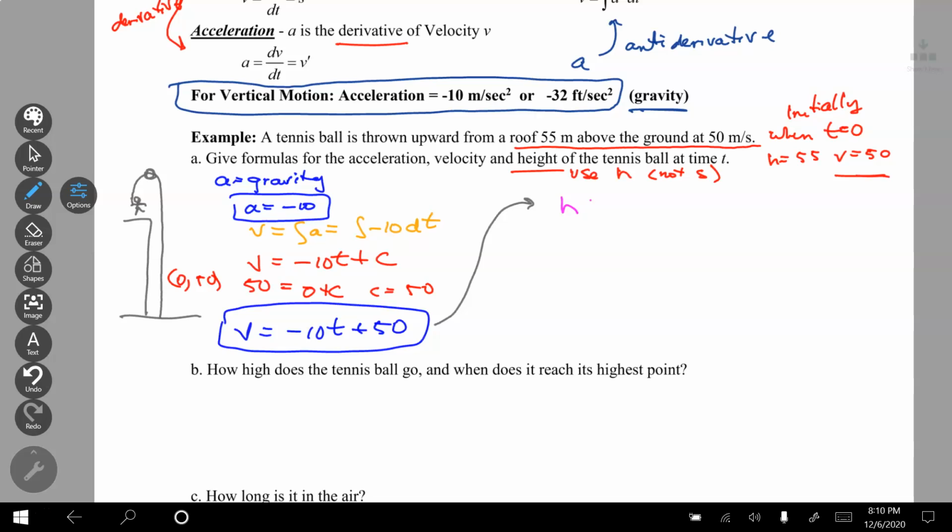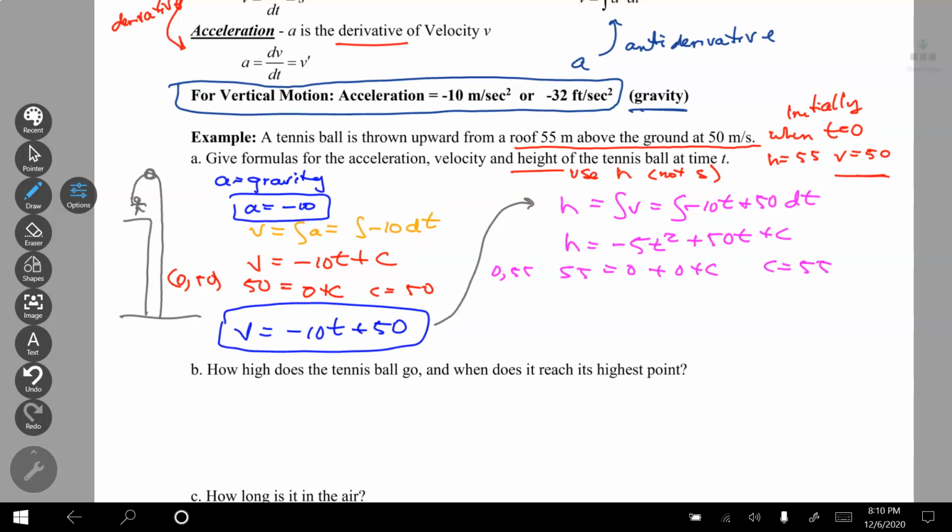Then I can take this and figure out height, or my displacement, which is just the antiderivative of velocity, the antiderivative of negative 10t plus 50 dt. So h is equal to negative 5t squared plus 50t plus c, and I can plug in my initial value of (0, 55), and I get 55 is equal to 0 plus c, so c equals 55.